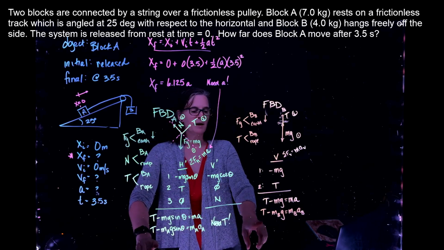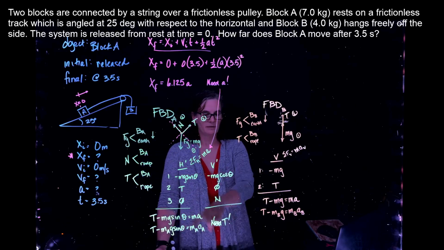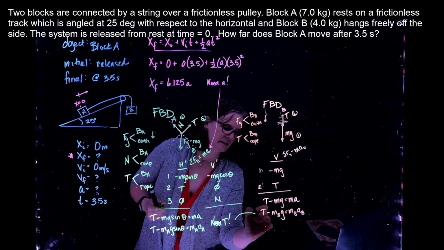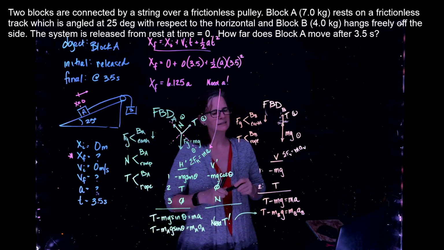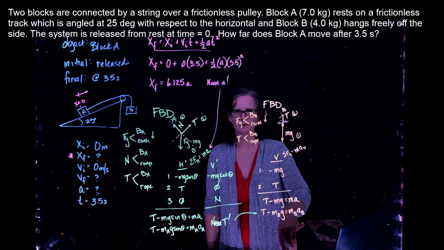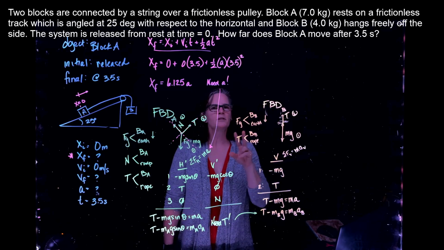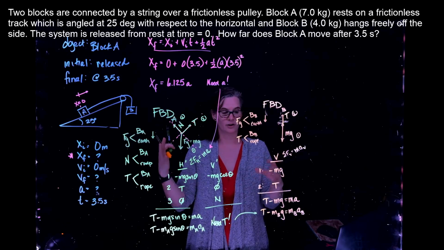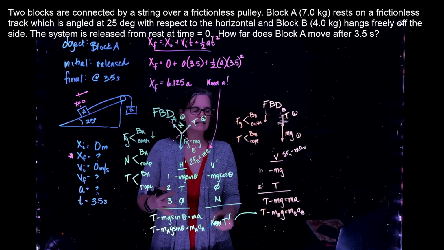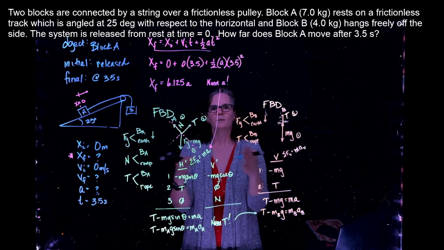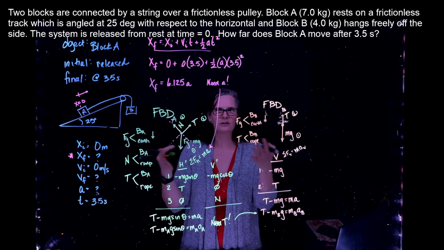Now, we've already talked about these tensions being equal, and which is why I went after T. This is meant to give me that tension, but well, now I've introduced this acceleration of B, which I'm not given in the problem. But these two objects are interacting, they're influencing each other. They're moving together. So what do we recognize about the acceleration of mass A and the acceleration of mass B? Well, they have to be the same. They're moving together. They're accelerating together.